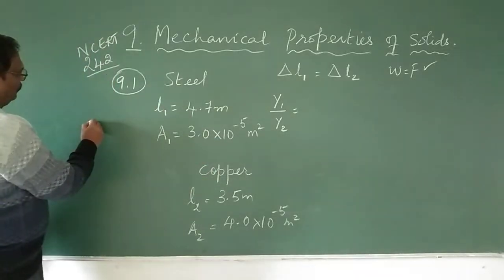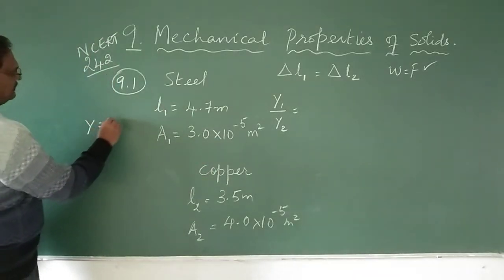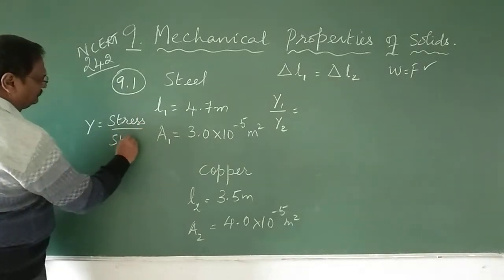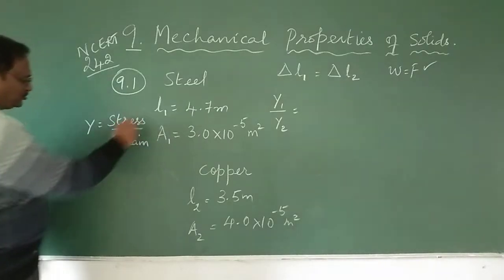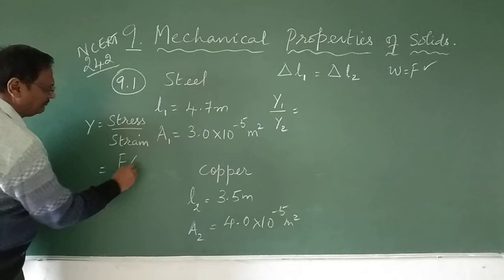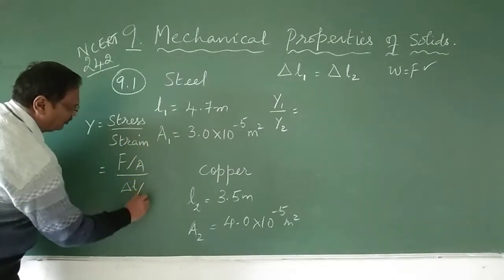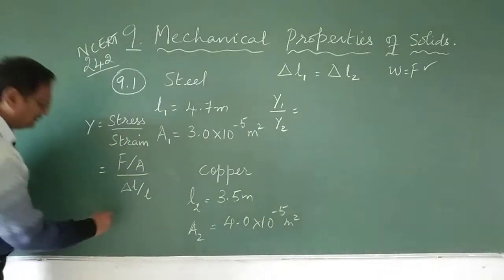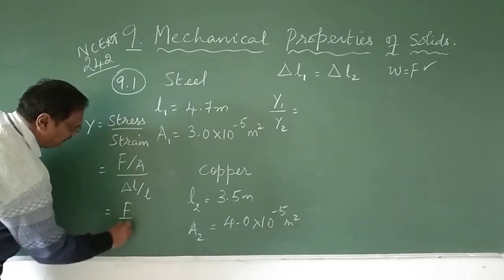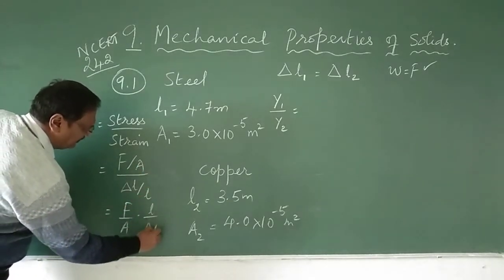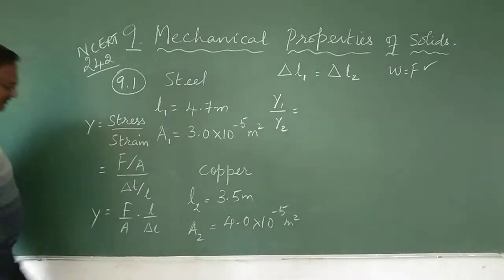First, we know that Young's modulus is equal to stress upon strain. Now what is stress? Force acting per unit area divided by change in length upon original length. That is equal to F upon A into L upon delta L. This is Young's modulus.